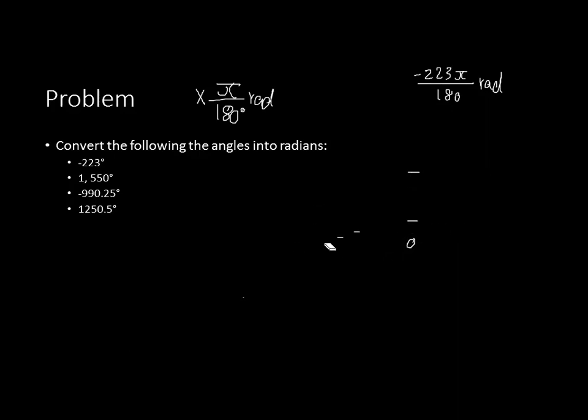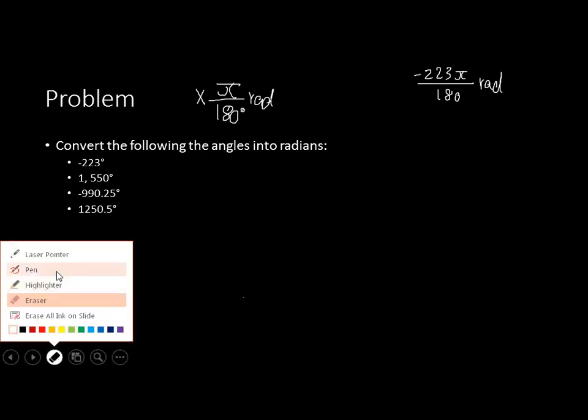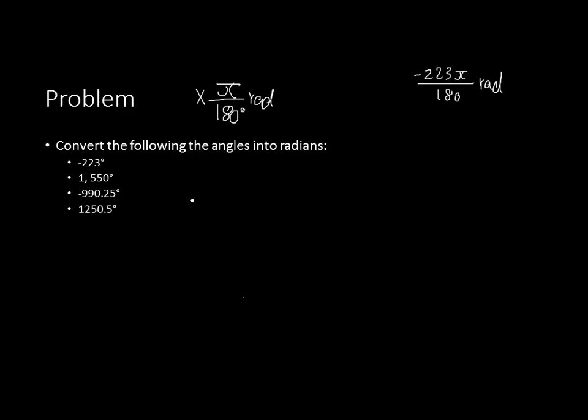Let's go to the second part. Negative 1,550 degrees. So we will multiply this one with this. These two are both divisible by 10, since they are not both divisible by 5.